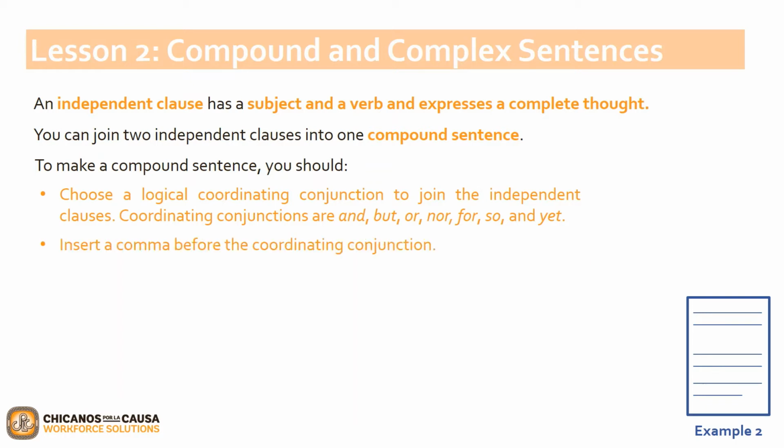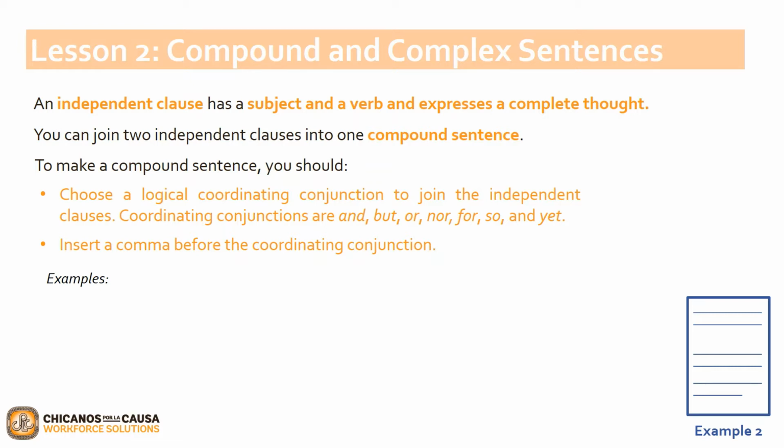You should also insert a comma before the coordinating conjunction. The following examples that we'll be reviewing are a sentence that has 2 independent clauses, a sentence that has no coordinating conjunction, and a sentence that has no comma.